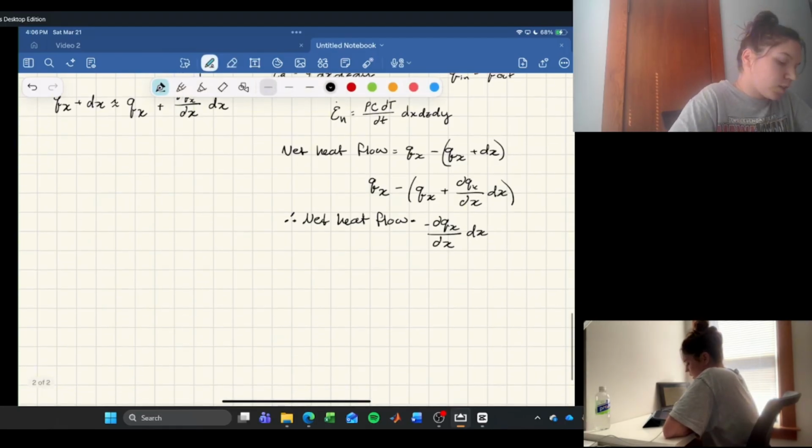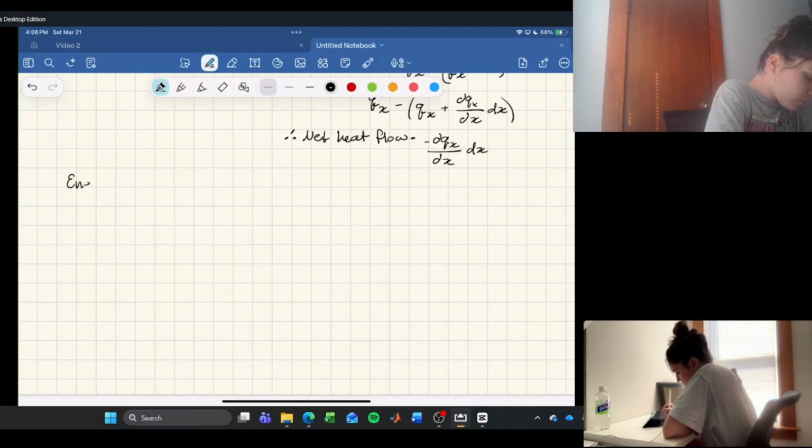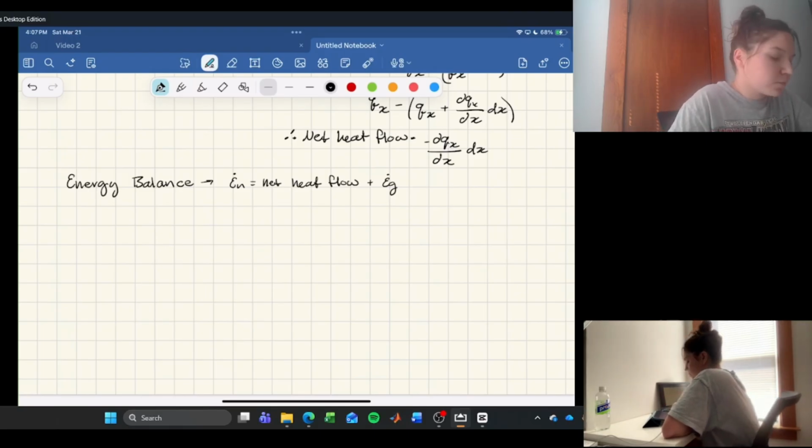So now we can write this as an energy balance. That's going to be that the rate of energy stored is going to be equal to the net heat flow plus the rate of energy generated.